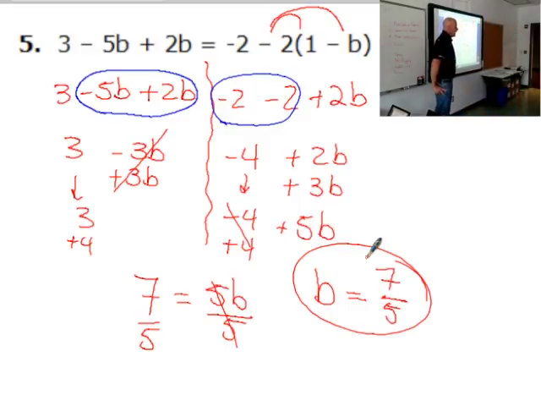Any questions? Let's talk about what we just did. Up here, we distributed the negative 2. We brought everything down. Then we combined our like terms on both sides, and now we're down to 4 terms. We moved our negative 3b over, and then we moved our negative 4 over, and then we divided.